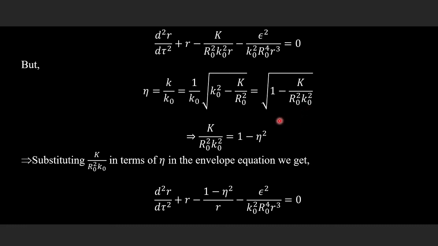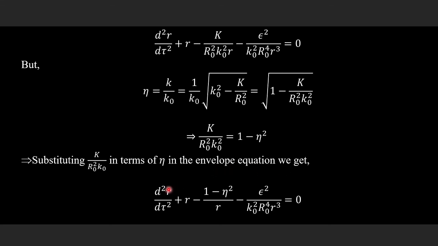All right, so now you get 1 minus eta square is equal to capital K over r naught square k naught square. Please note that in my envelope equation we have the same term here, capital K over r naught square k naught square. So we will substitute this term by 1 minus eta square. So that's what we are doing here.